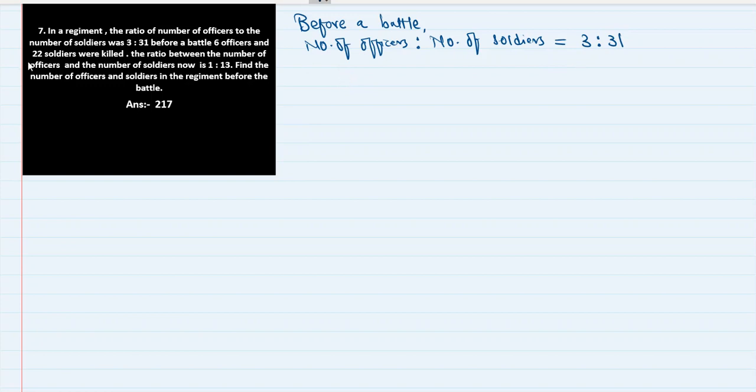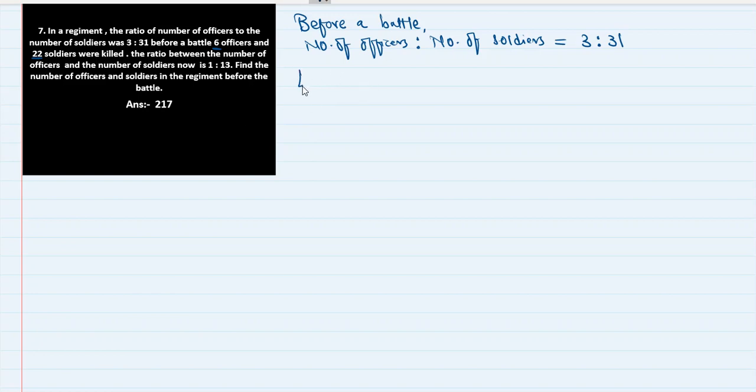In a battle, 6 officers and 22 soldiers were killed. The ratio between the number of officers and number of soldiers now is 1 is to 13. Find the number of officers and soldiers in the regiment before the battle.